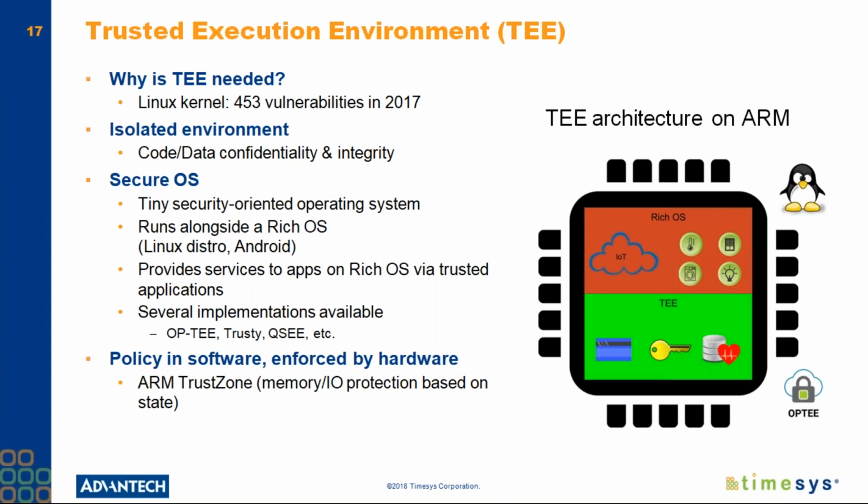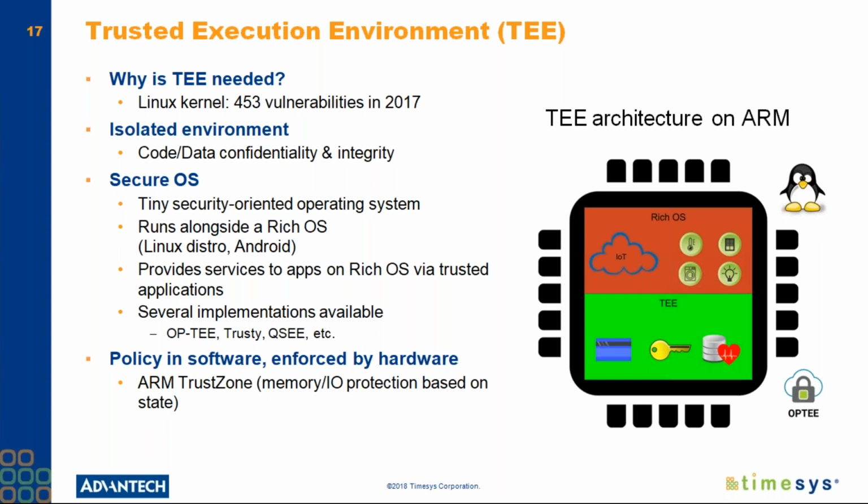So to protect against that, we need a hardware isolated environment. And this is achieved using Arm TrustZone. So what it boils down to is the Arm processors, including the i.MX6, support running two operating systems in parallel.